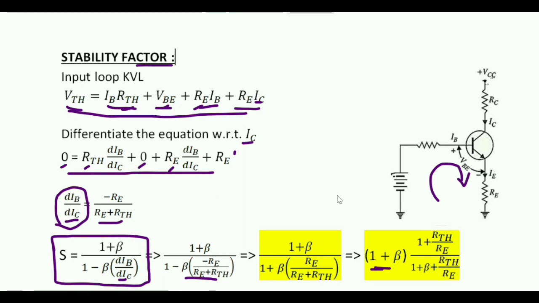If it is less than 25, then we will get good stability. So we have to make sure that the RTH by RE value must be very close to 0. Then we will get good stability of the Q point. This is all about the voltage divider biasing circuit.